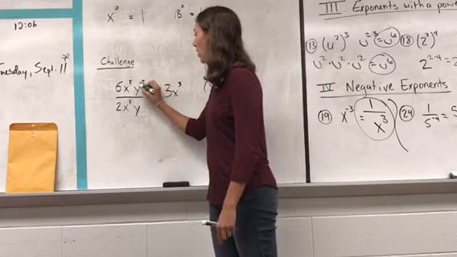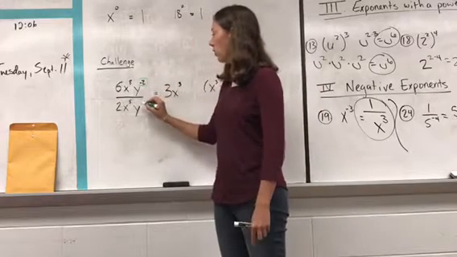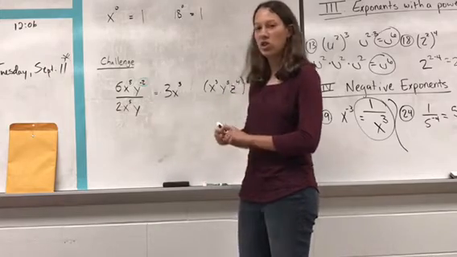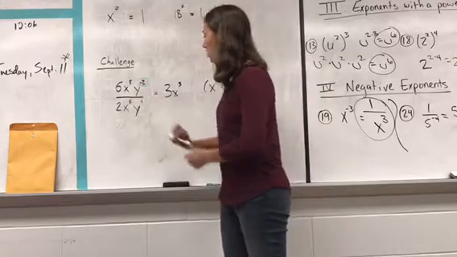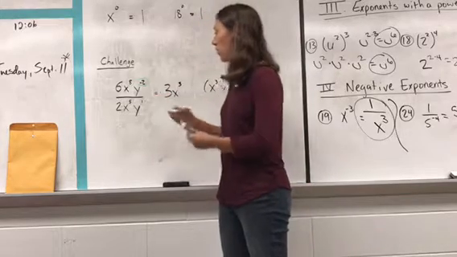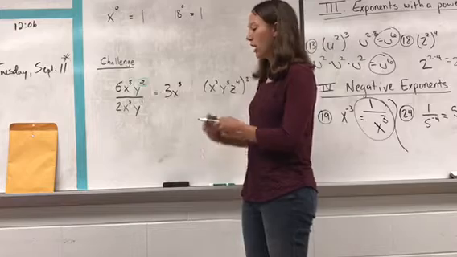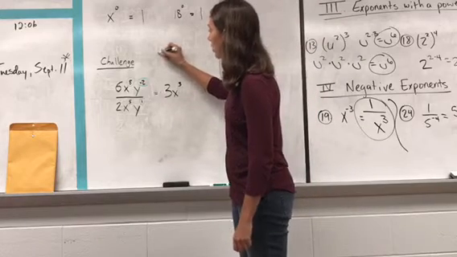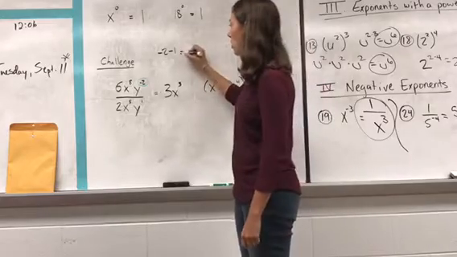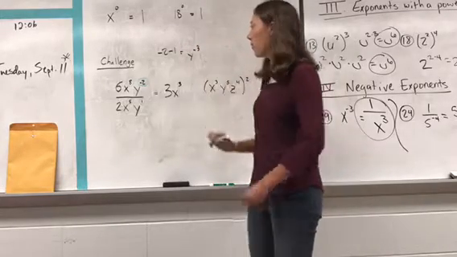I've got y to the negative 2 over y. Remember, when there's no exponent, we assume there's a 1 there. So we have y to the negative 2 over y to the 1st power. If we subtract those, we get negative 2 minus 1, which gives us y to the negative 3rd power.